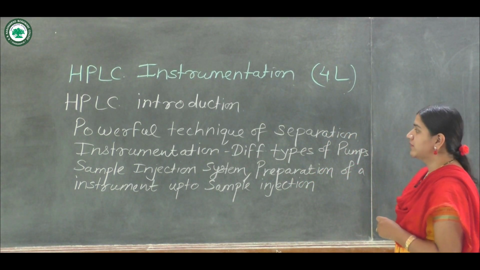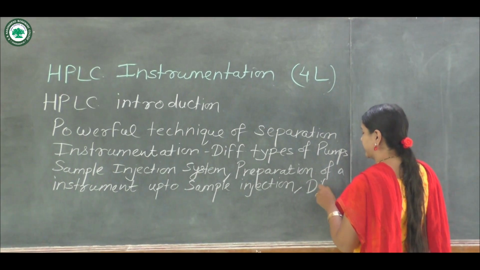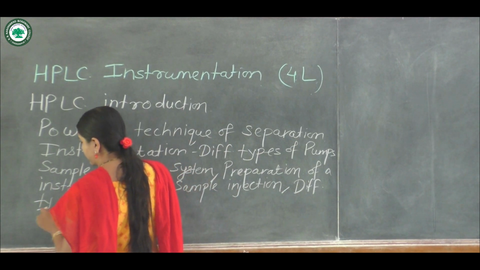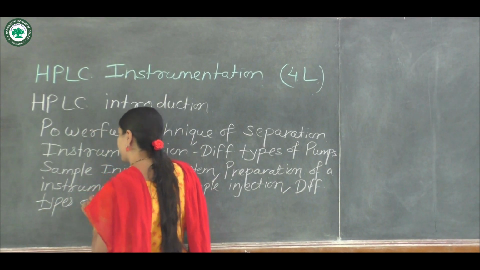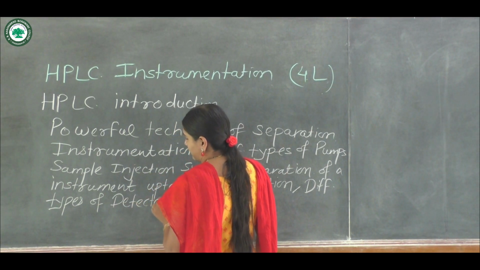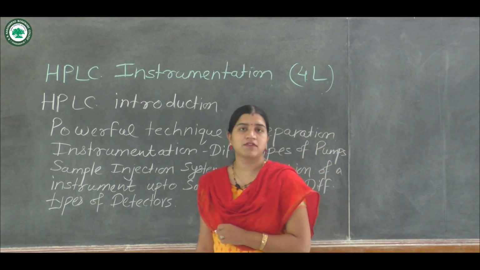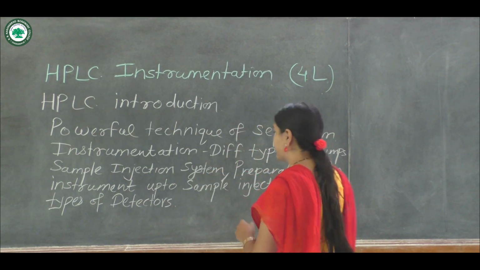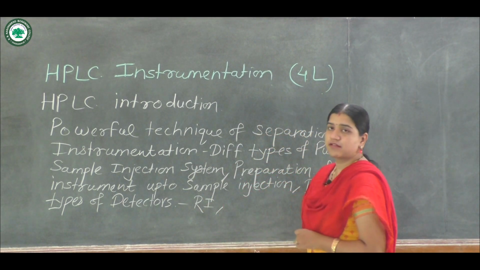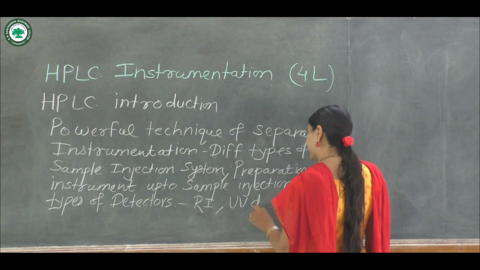After that, we will discuss the different types of detectors. What are the different detectors that we are using in HPLC? They are RI, that is refractive index detector. Then the next thing is UV detector.